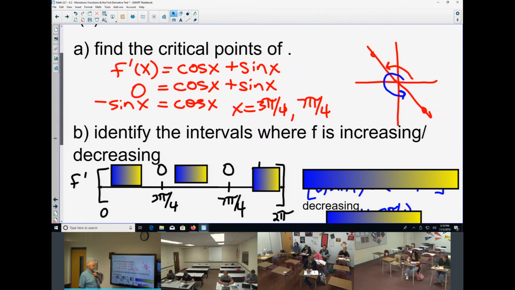So what's a value between 0 and 3 pi fourths? What's an angle between 0 and 3 pi fourths over here?